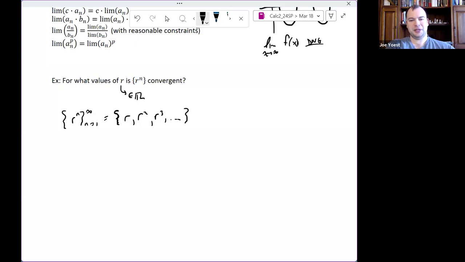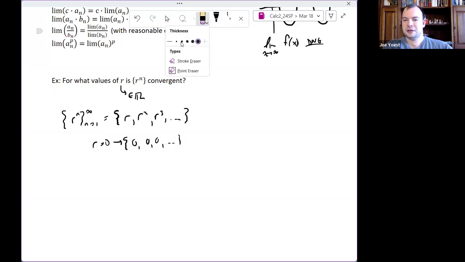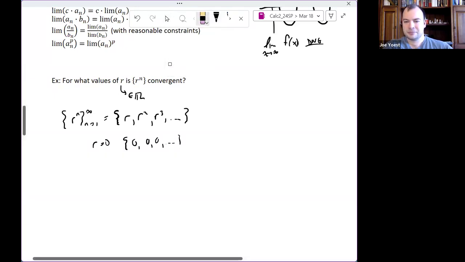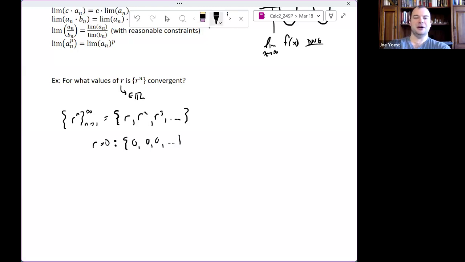Well, let me look at some special cases. Maybe, what about r equals 0? This yields the sequence 0, 0, 0, etc. Of course, this converges. Let me be careful with my random use of arrows there, because I want to use arrows specifically here.